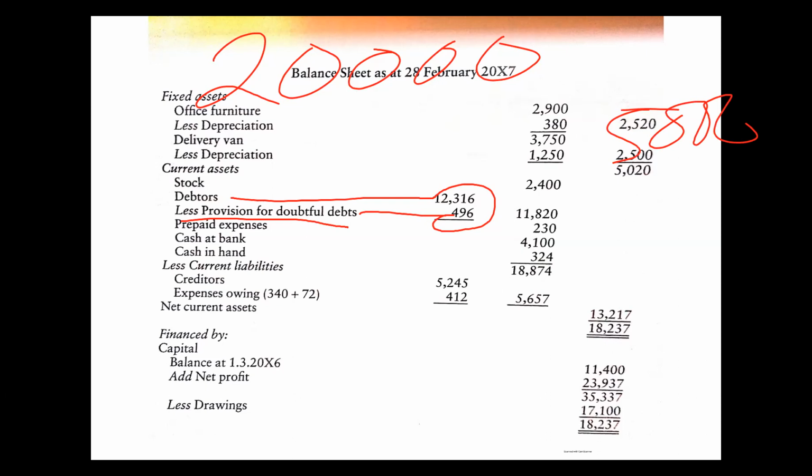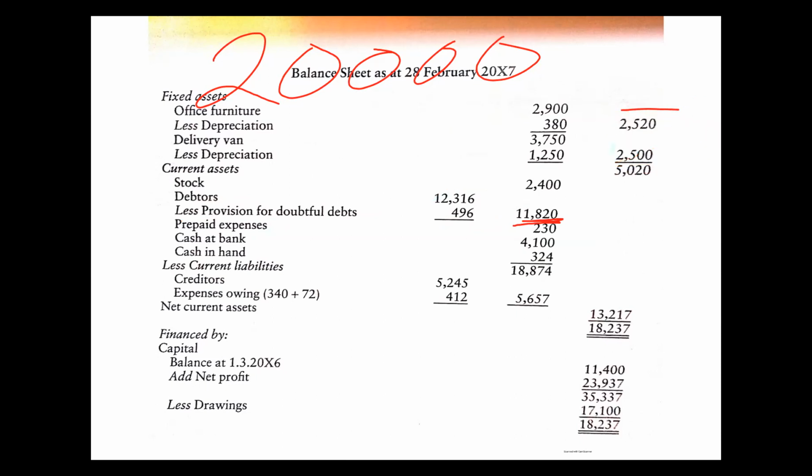So you just record 15,000 and remove the provision for doubtful debt. That is the reason why the provision for doubtful debt is removed from the total debtors. And if it is an increase, it is always removed.